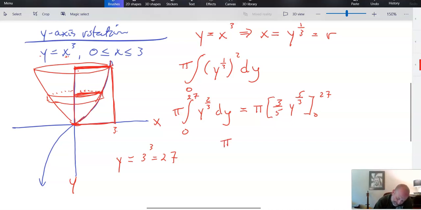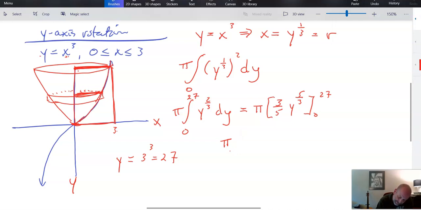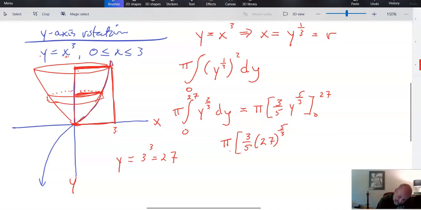So we have pi times, oh, it's not an integral anymore. 3/5 times 27 to the 5/3, minus 3/5 times 0 to the 5/3.